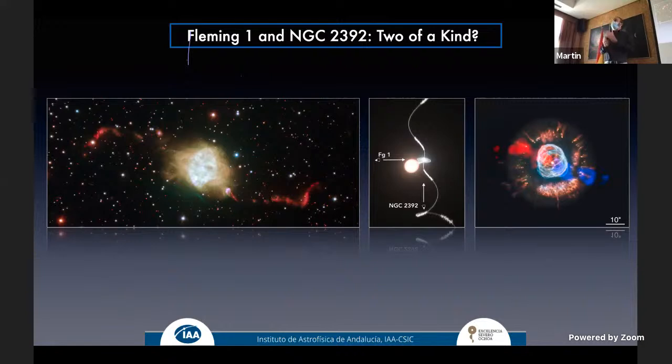And indeed, it seems that depending on the properties, maybe a Jupiter-like planet at the right position from the AGB star is going to be able to produce mild effects on the symmetry of the outcoming planetary nebula.